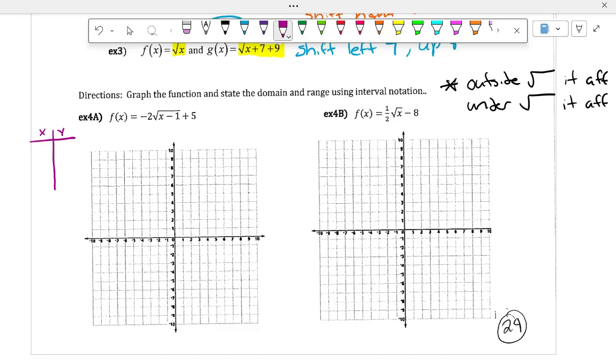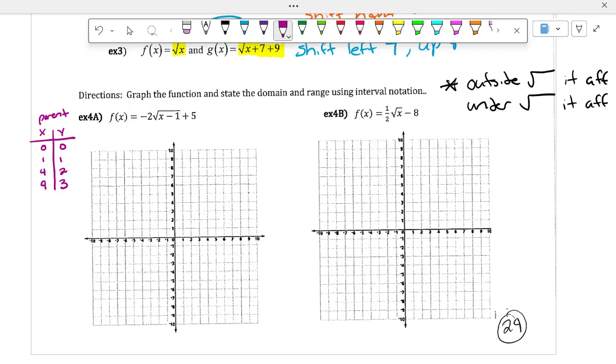What is on my table for my parent function of a square root? 0, 0 is the first point. Then 1, 1. Someone besides Owen next. 4, 2. Then 9, 3. You always are going to start with this table. So this is your parent table.